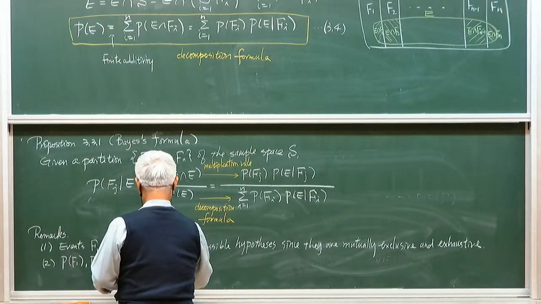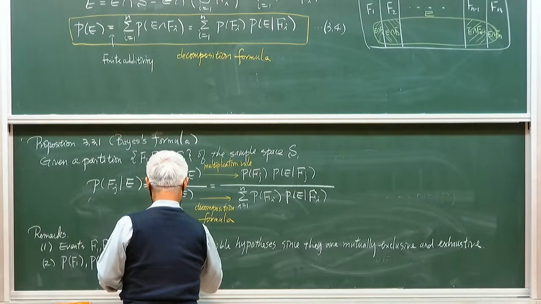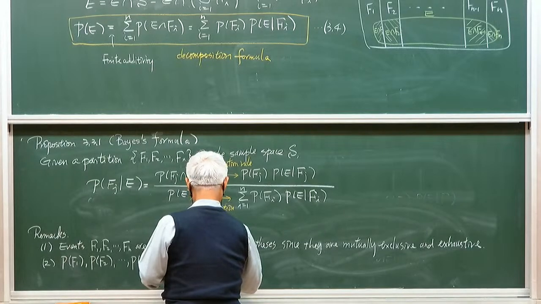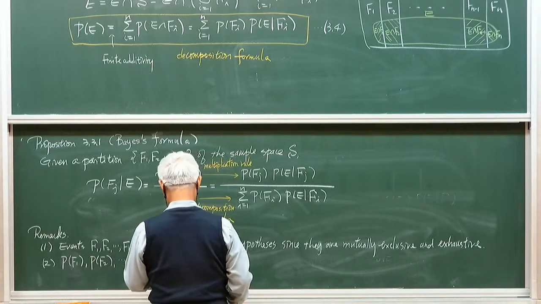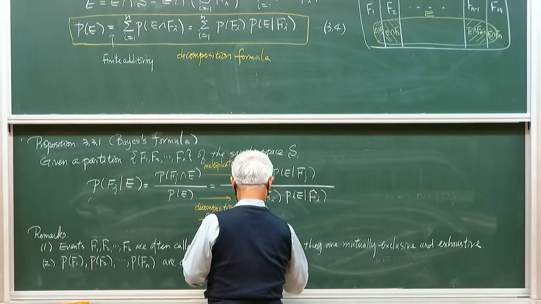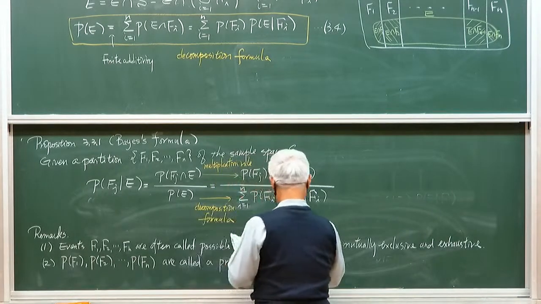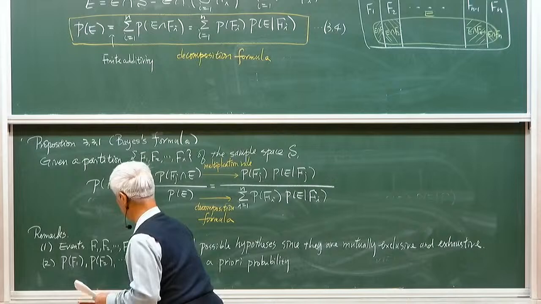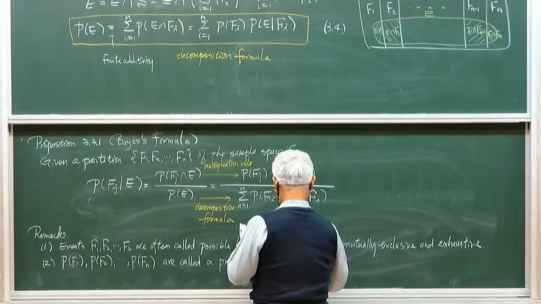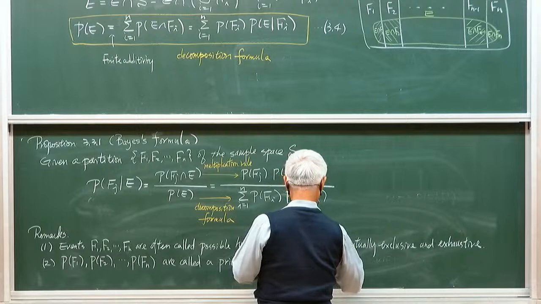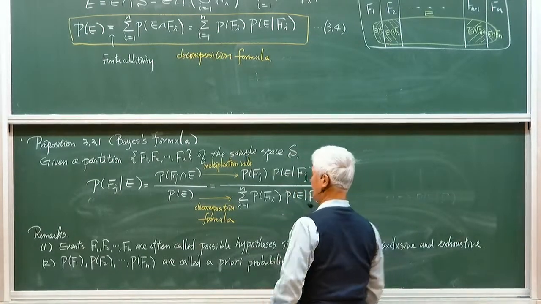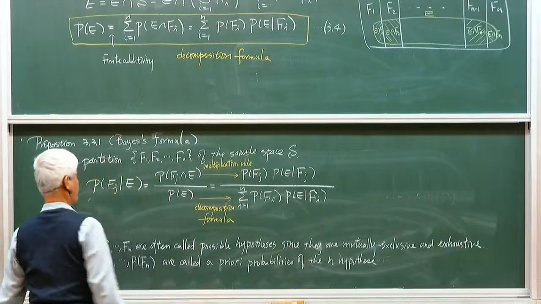These are called a priori probabilities of the N hypotheses.